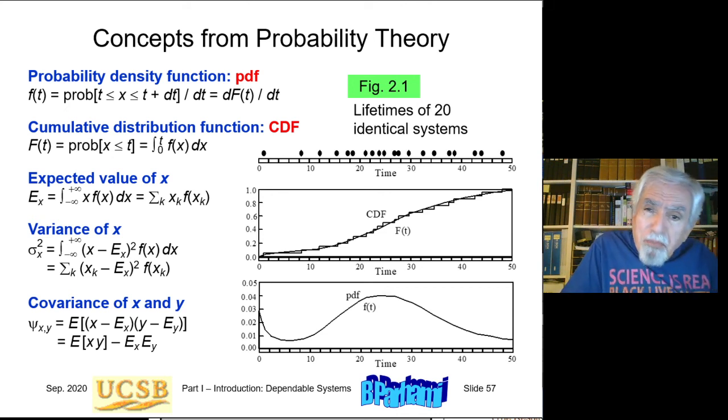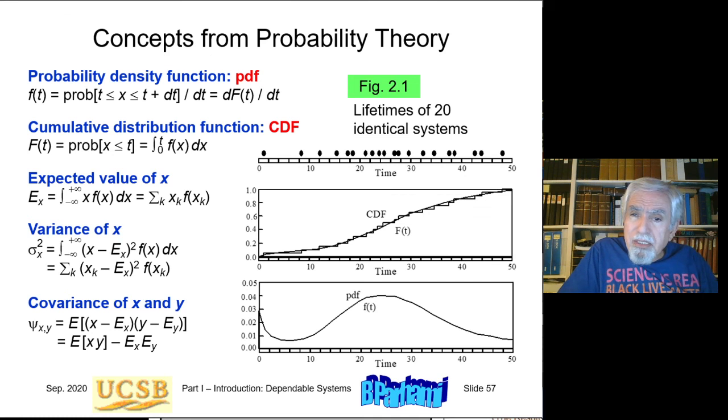Suppose I observe 20 identical systems until they fail. So I basically measure their lifetimes, in some unit. It doesn't matter what the unit is. Let's view these as individuals, and then we observe their lifetimes, how many years they live.